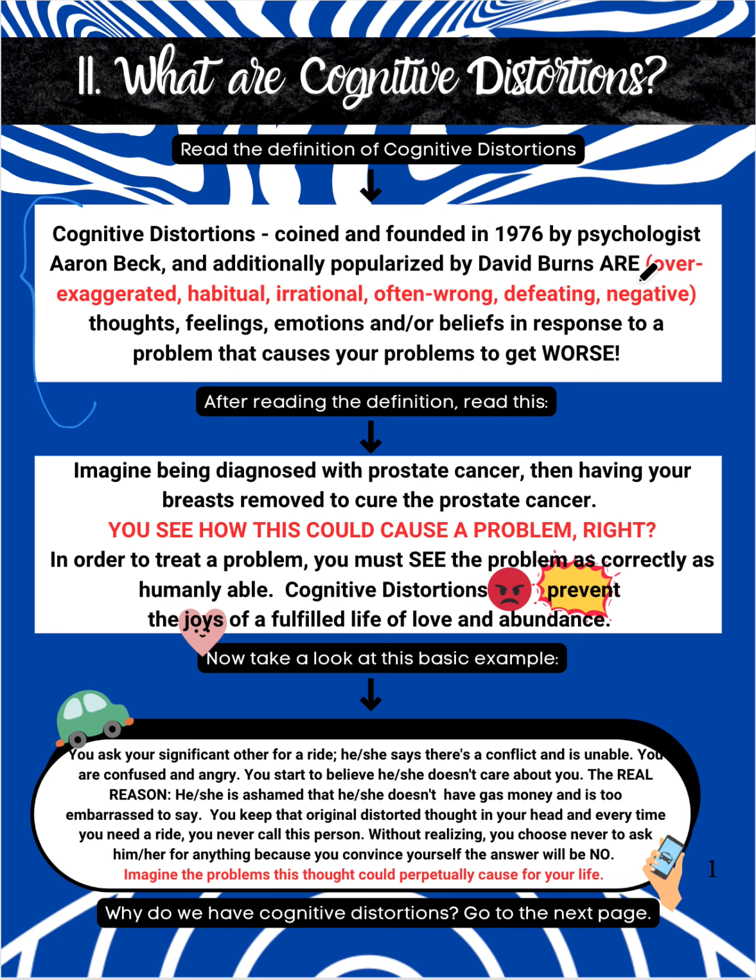They are ideas that are over exaggerated, habitual. We get into bad habits. They're often irrational, wrong, defeating, and negative. So these cognitive distortions are thoughts, feelings, emotions, and or beliefs in response to a problem that causes your problems to get worse.